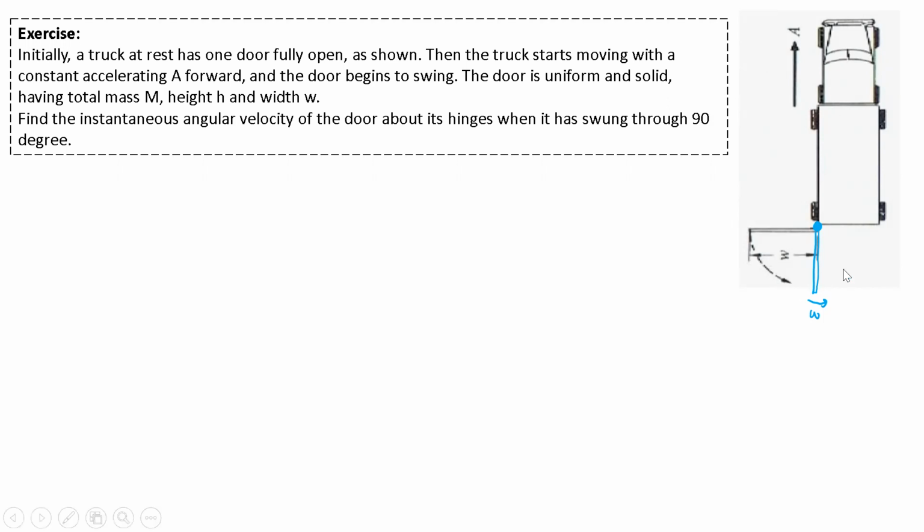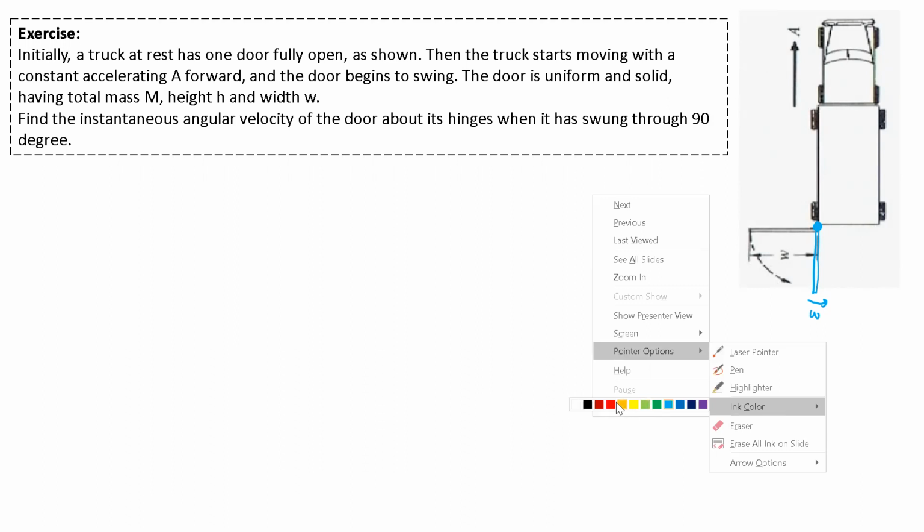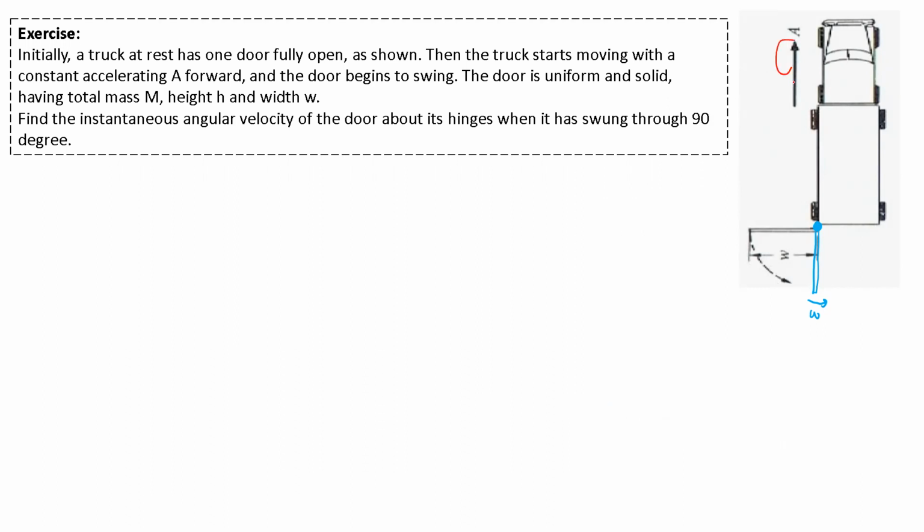But now let's just focus on the accelerating frame. If I'm in the accelerating frame, this time I'm going to just forget about the acceleration. Instead, I will get an effective force field pointing back like this.